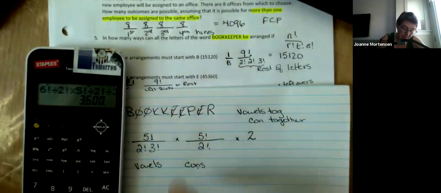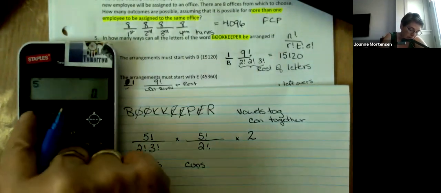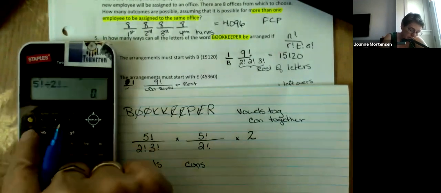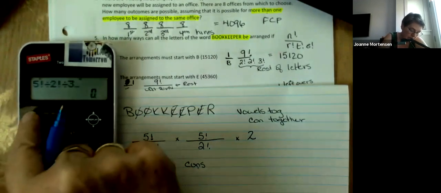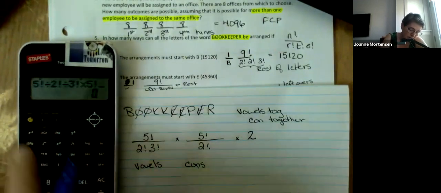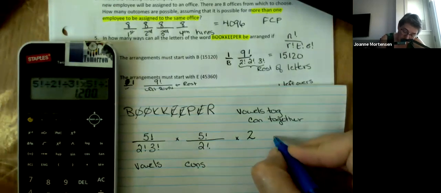So let's see how we can do this. 5 factorial divided by 2 factorial, 3 factorial, times 5 factorial divided by 2 factorial, times 2. You get 1,200.